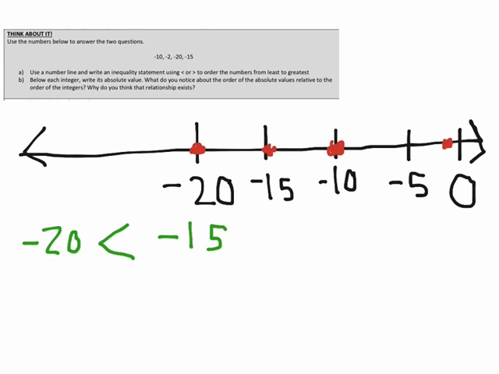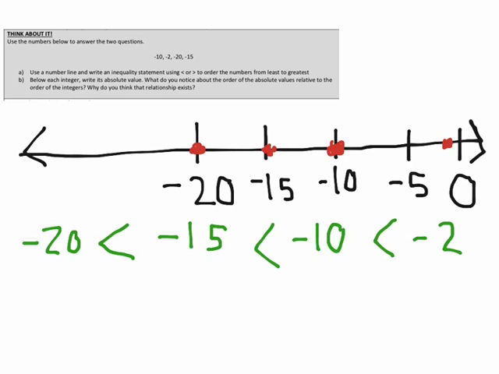Then I know that my alligator is going to want to eat the bigger number than -15, and I know that the next number is -10, so I'm going to have my alligator eating -10 instead of -15, and then finally, my greatest number here is -2, so I'm going to have my alligator eating -2.